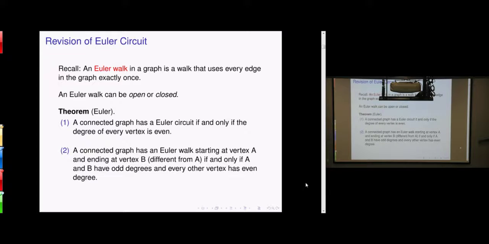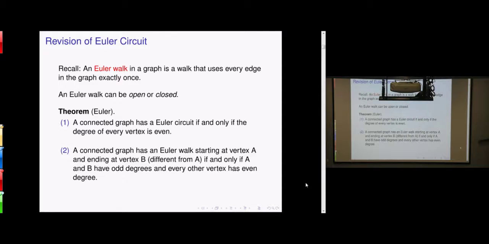This is a criterion for having an open Euler walk. I gave a proof of this, and it attracted some questions. I will not repeat the proof, but I want to use an example to show you the idea of the proof.